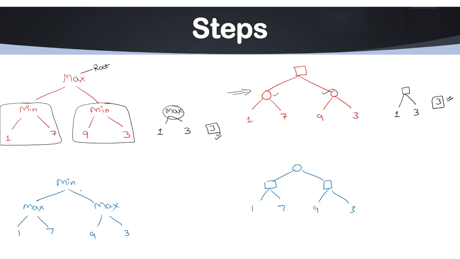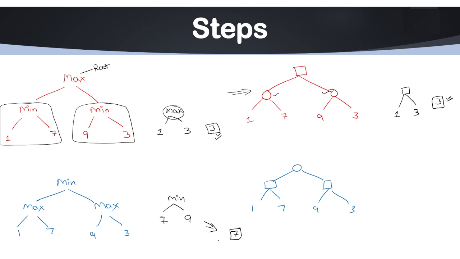Right? For the next example, you can see first we have to calculate, as I have told you, we move from bottom to top, from leaf to root, right? So at first we have to calculate the maximum value because max is written over here. So the maximum value over 1 and 7 is 7. The maximum value over 9 and 3 is 9. Then we have to select the min value, and the minimum value over 7 and 9 is 7.